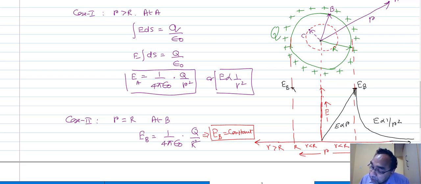The graph for this case will be something like this. This is how the variation is on both sides. This is E proportional to r inside. This is how we have to understand the variation of electric field intensity with distance.